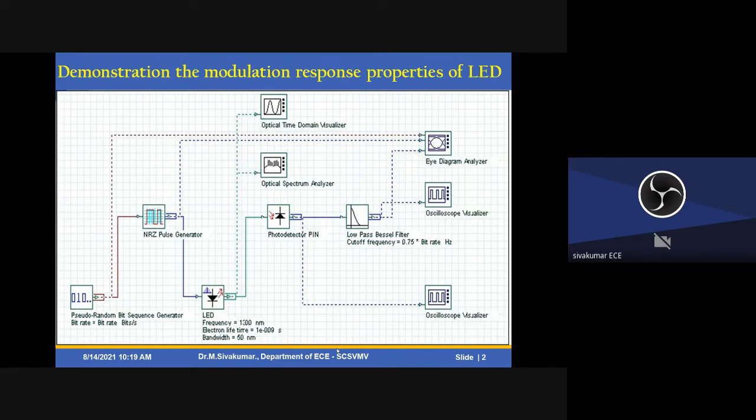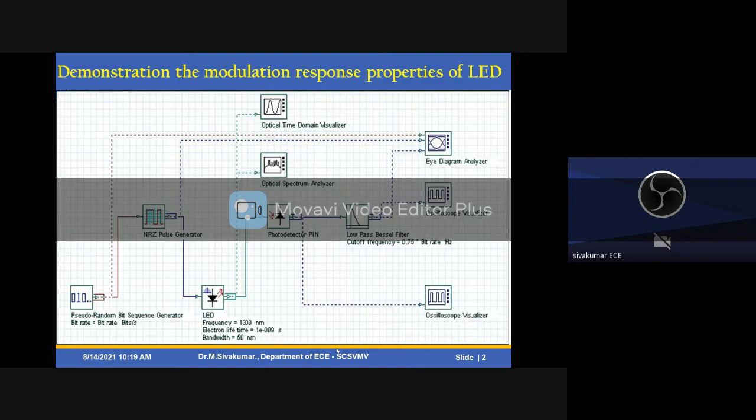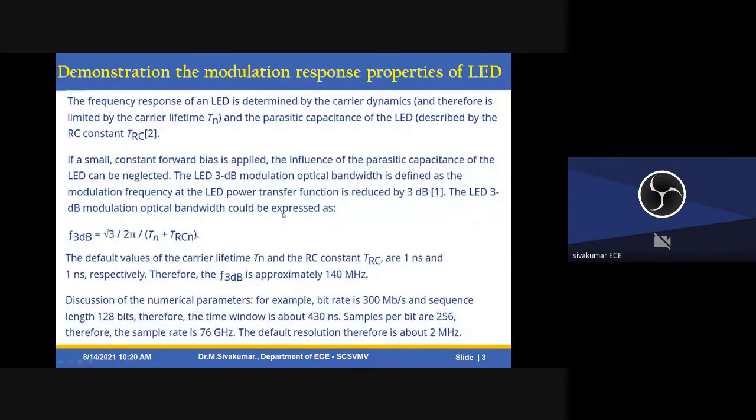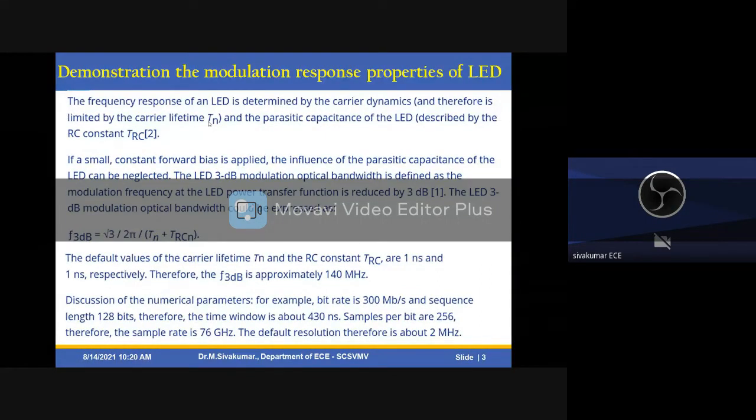Afterwards, the eye pattern. Okay, previously we set the bit rate to 100 Mb per second. What will happen? You check. Then again, here one concept is there. There are two sequences we are giving to this photo detector. Here you can see some introduction about this demonstration of modulation response properties of LED.